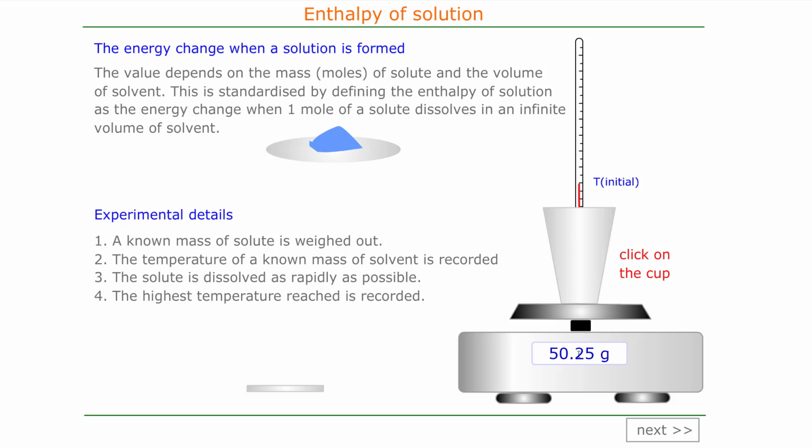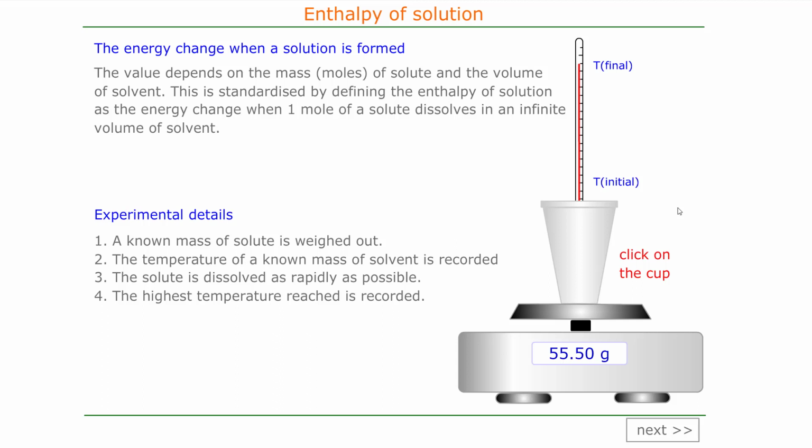Now this 50.25 grams here represents just the mass of the water that's inside the cup. So we'll put some solute in, and we see the mass of the container increases as the solute is added, and the temperature rises.